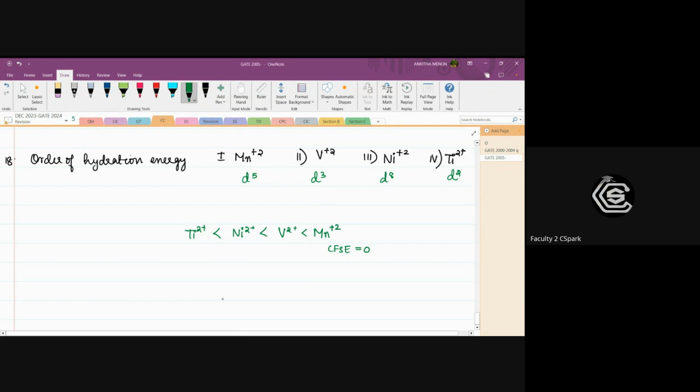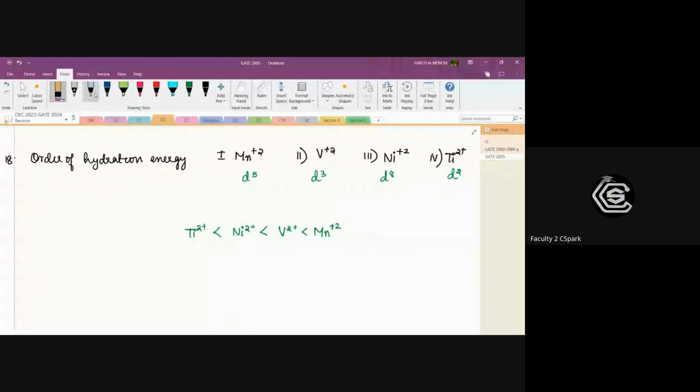It completely depends on the table listed in the Hugi, so please refer to the table and then try to solve this problem. Inner sphere mechanism is another question which we did yesterday, so I'm not repeating that.